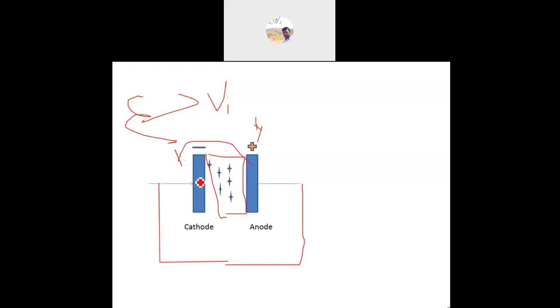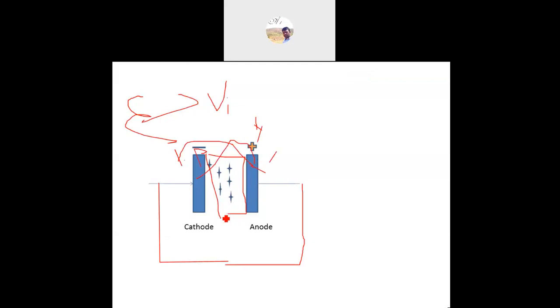If we increase the voltage beyond the strength of the gas, above the potential barrier, it generates free electrons.